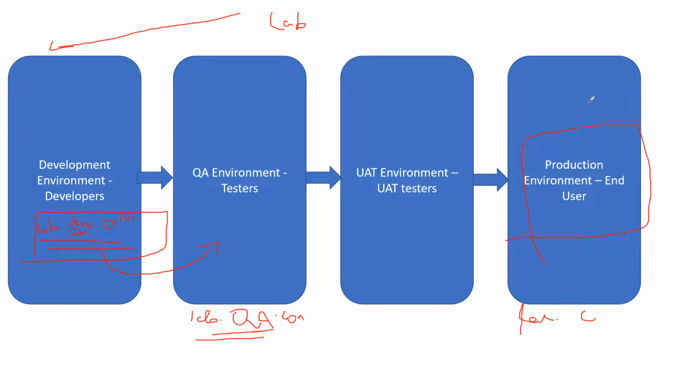Ma'am, can you please explain for UAT environment, ma'am? So for UAT environment, if the environment will be set up, after testing is performed, all this will be deployed to the UAT and it will be lab.uat.com.